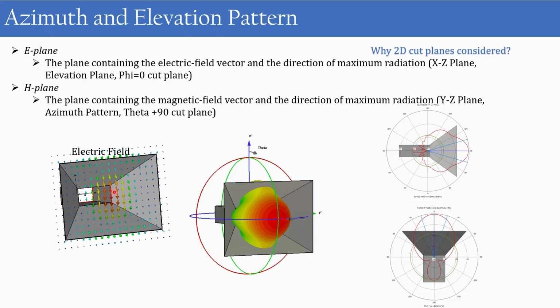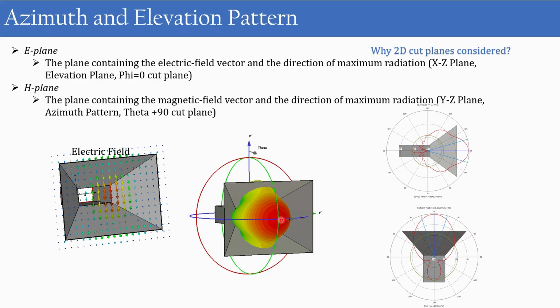So this means that my electric field is aligned in Z direction. So if I take a plane consisting of the electric field and the direction of propagation, that is, the electric field is in Z direction and the propagation is along the X axis, that is the XZ plane, we call it the E plane, and this is known as the elevation plane.